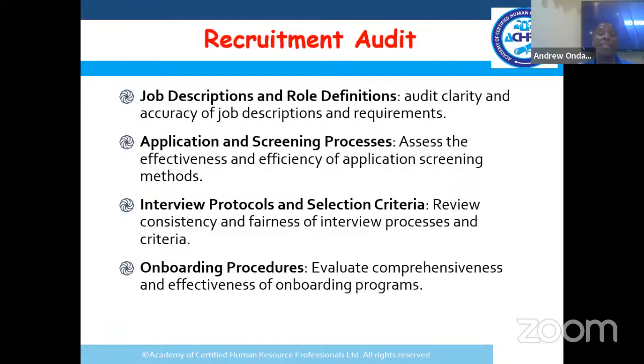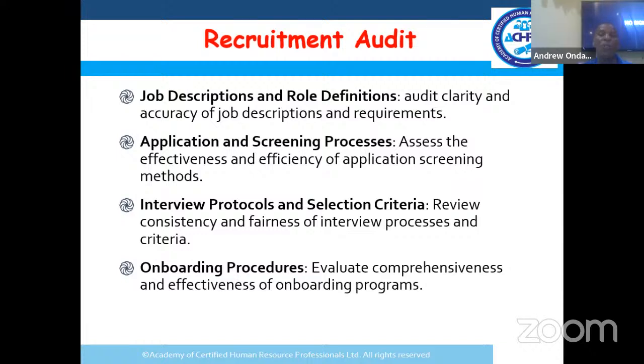So once a need has been established, we look at the job descriptions if they are adequate. So a job description is a statement of the duties and responsibilities of a job holder, meaning that we cannot engage in recruitment before we develop a job description.